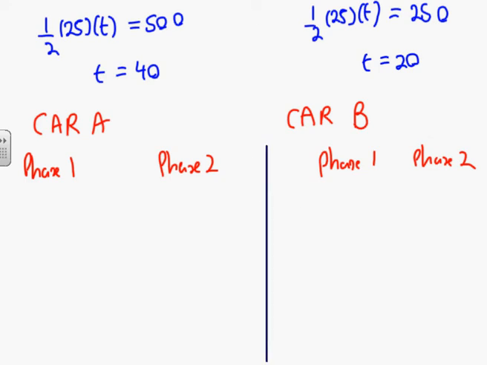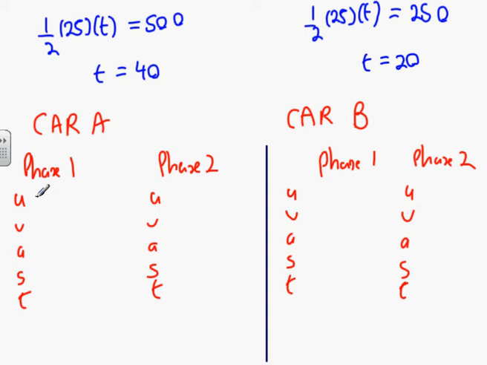So what we have here is UVAS on both fronts. Okay, let's do this. 0, 25. I know that S equals 500.